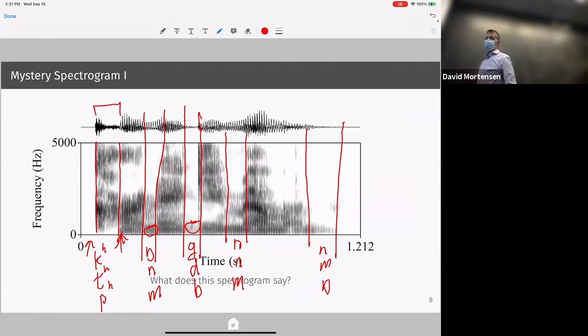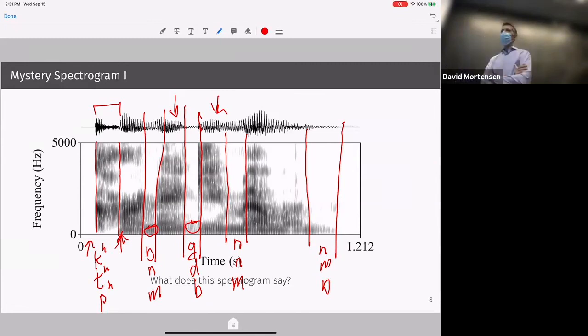Let's look at some vowels. Let's look at this vowel right here, and also at this vowel. They're quite similar, but they're different in a significant way.